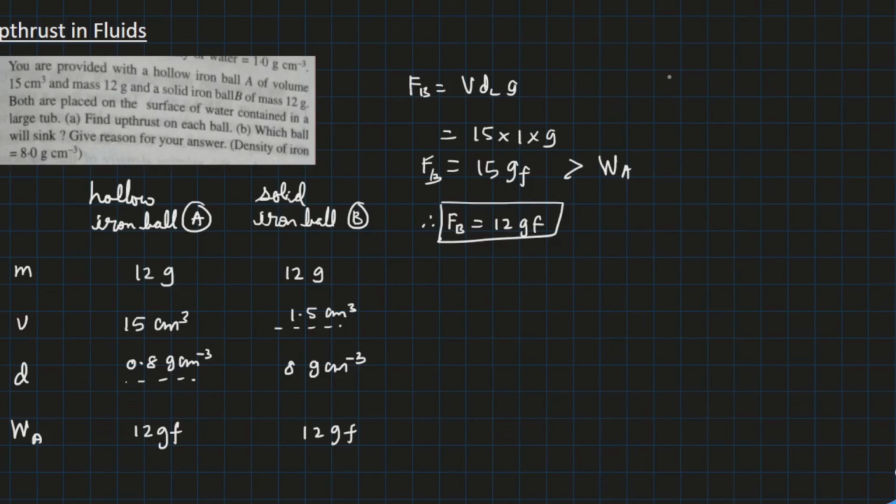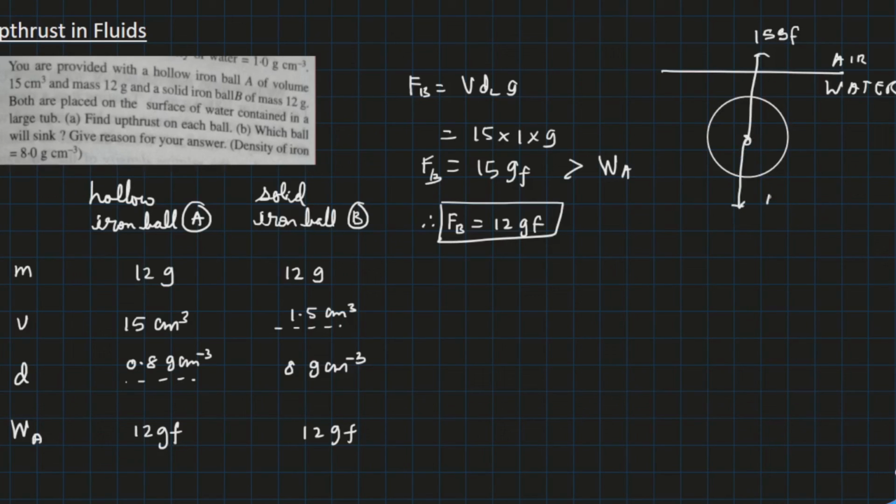The meaning is that if you take this as air and this as water, when this sphere is completely immersed inside, it is going to get an upthrust of 15 gram force. But the fact is that this sphere has a weight of 12 gram force acting downward. So this sphere is not going to completely sink.